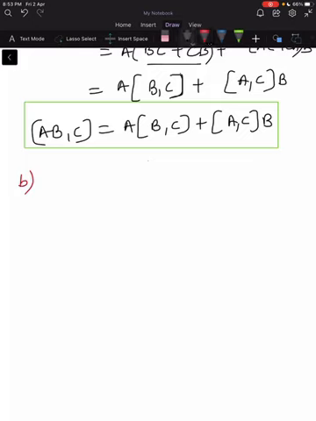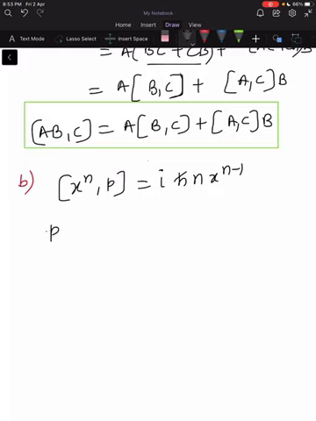Now moving to part B, in which we have to prove that [x^n, p] = iħn x^(n-1).